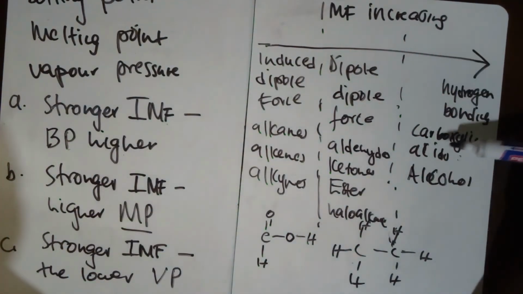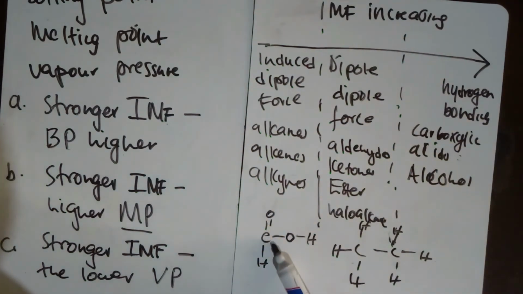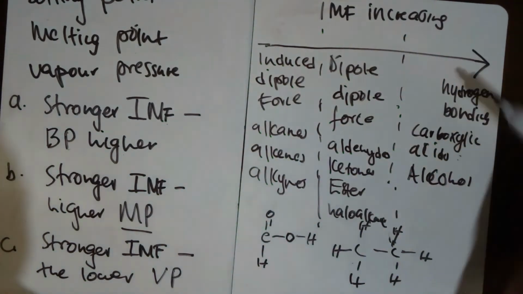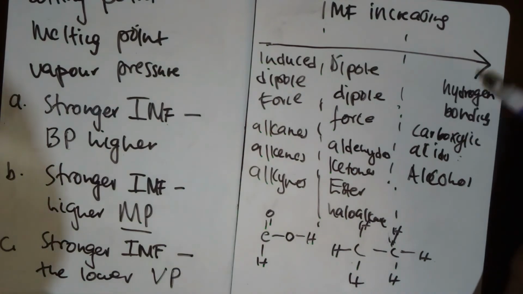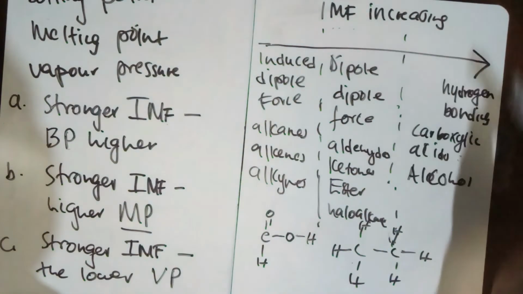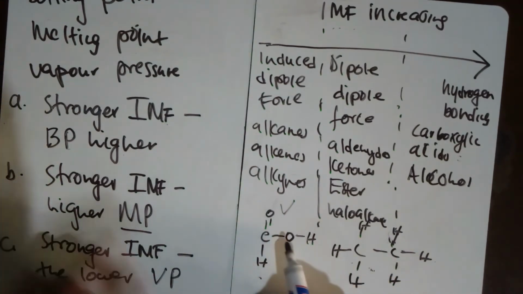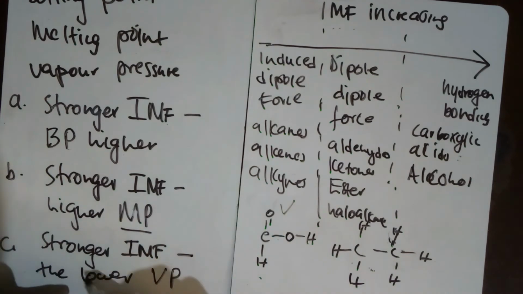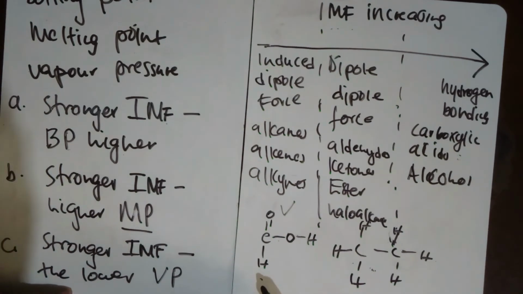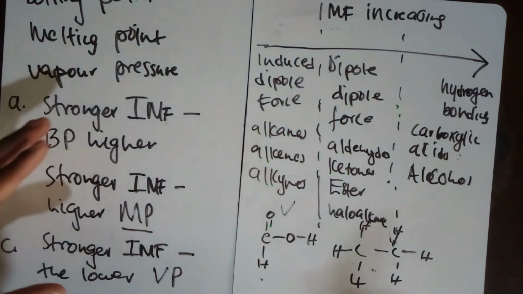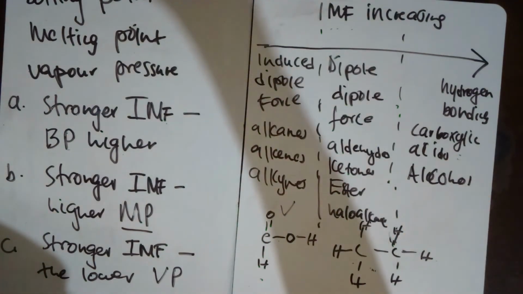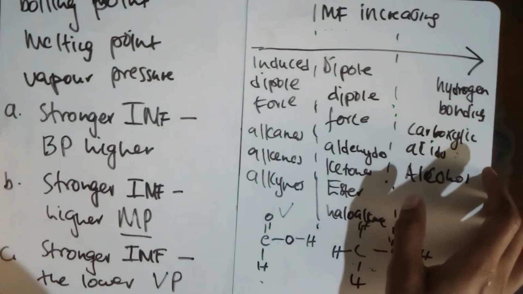And between carboxylic acid and alkanes, molecules that have the highest intermolecular forces are carboxylic acids, meaning this will have the highest boiling point in comparison to this alkane. It will also have the highest melting point, but then it will have the lowest vapor pressure, right?